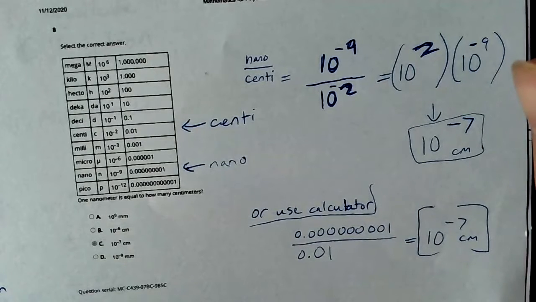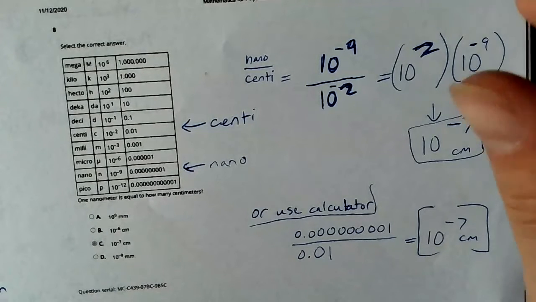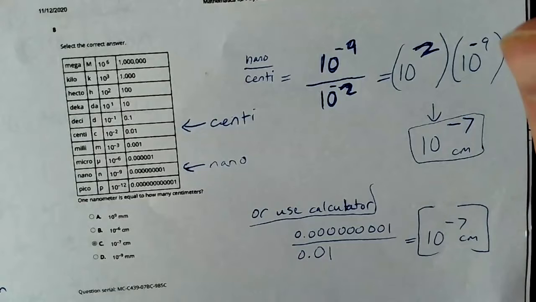All I did was move this up here and got rid of the negative sign. And if you're multiplying powers, you're just adding these. So 2 plus negative 9, that is actually 10 to the negative 7 centimeters. Okay?